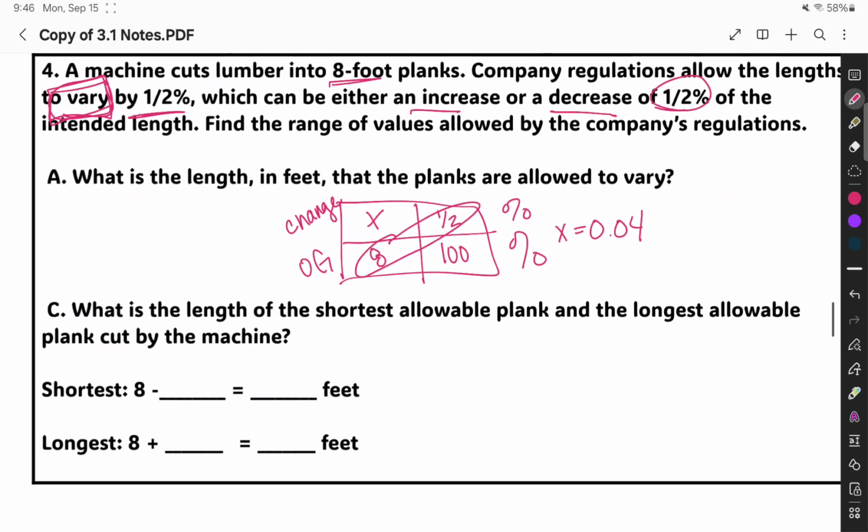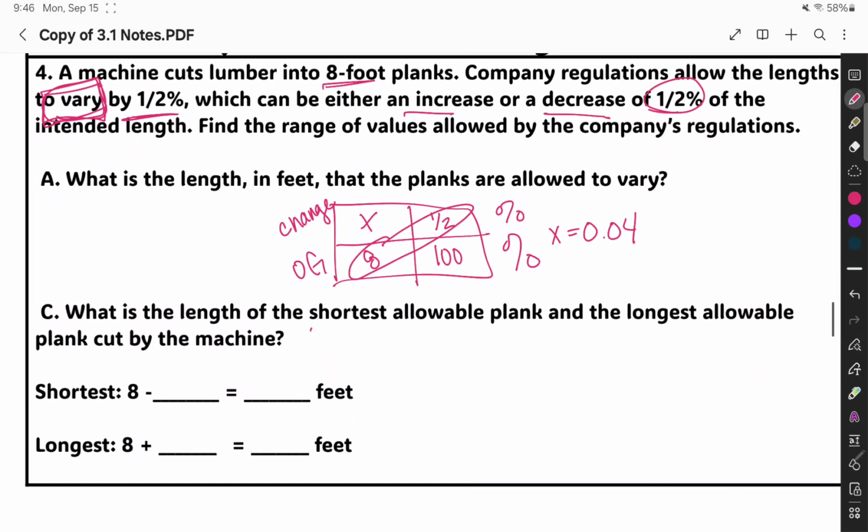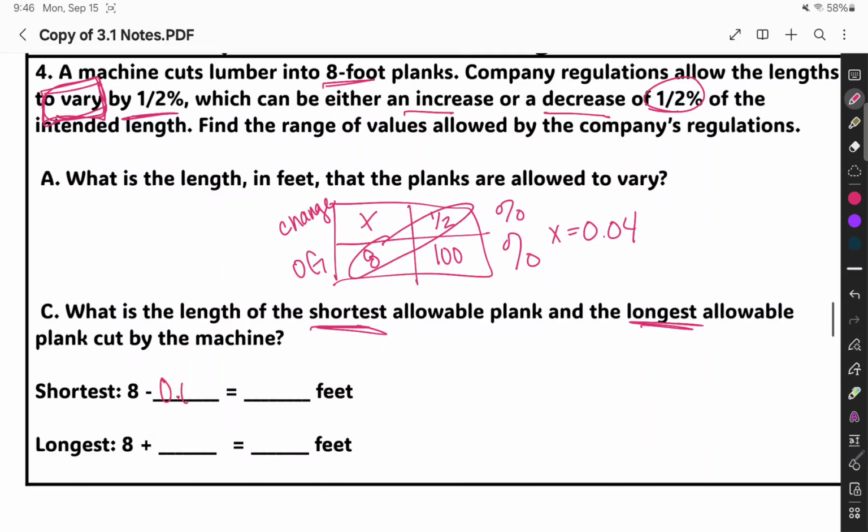So here it says what is the length of the shortest allowable plank and what is the longest allowable plank. So to figure out the shortest, it's supposed to be 8, but it can also be less than 8 by 0.04 of a foot.